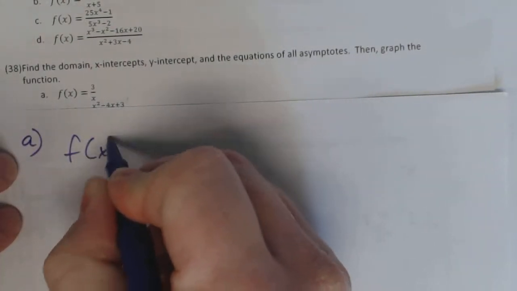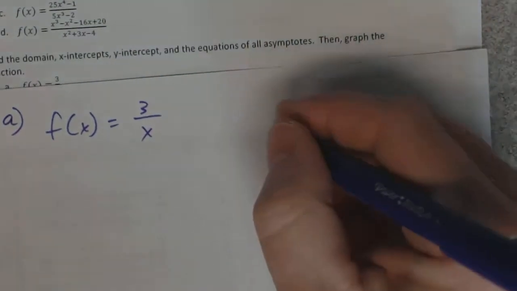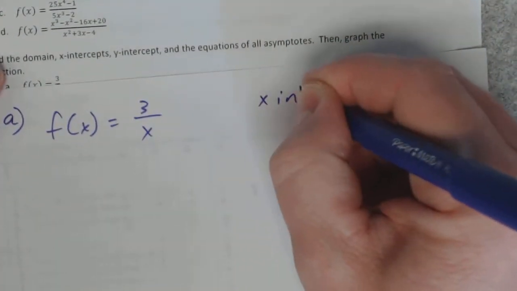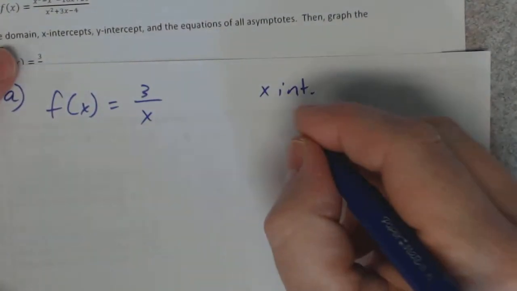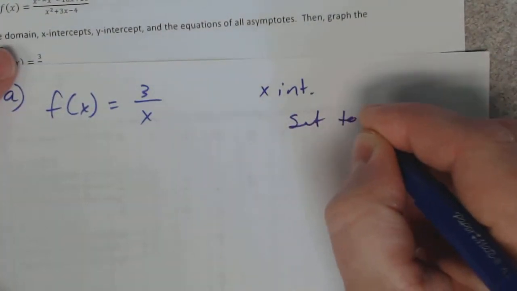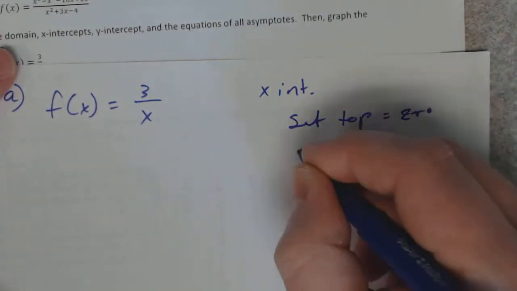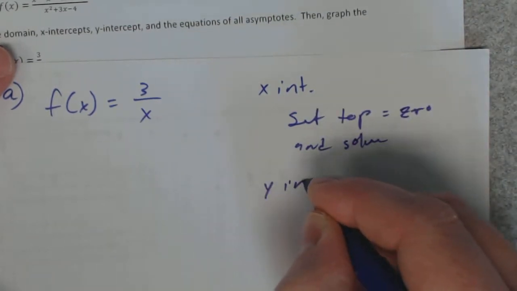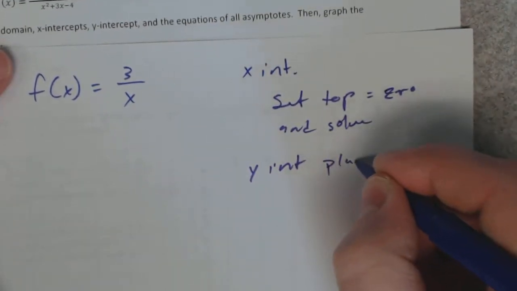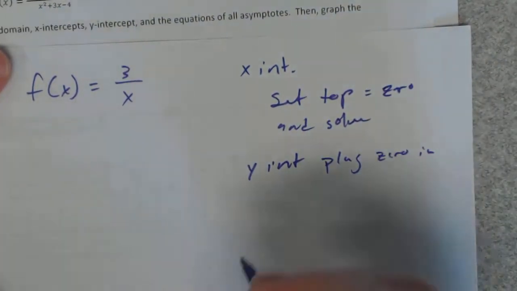So, look at part A. We're going f of x equals 3 over x. If I want to find the x-intercept, we're going to set the top equal to 0 and solve. I'm going to find the y-intercept. I'm going to plug a 0 in for x.